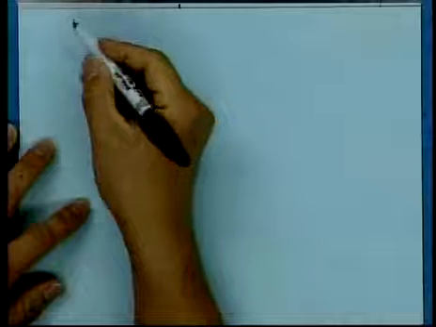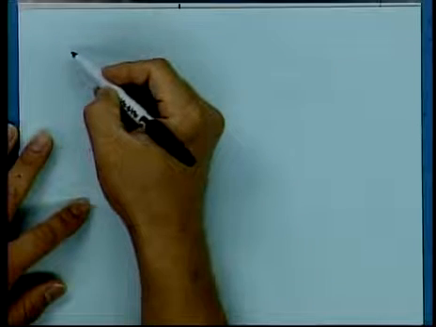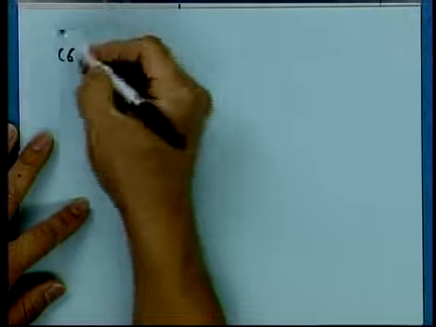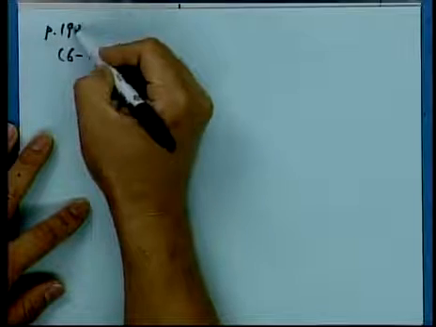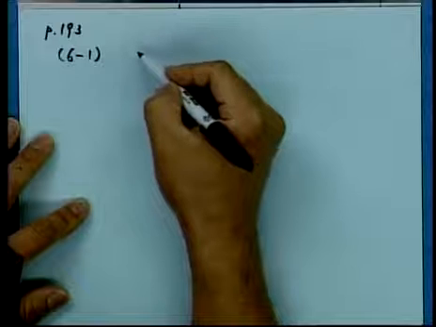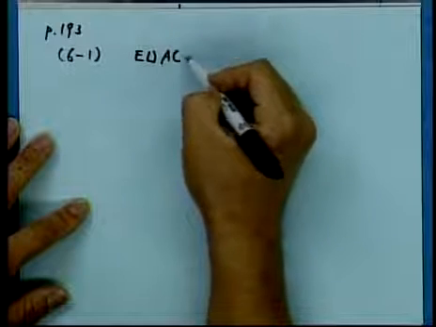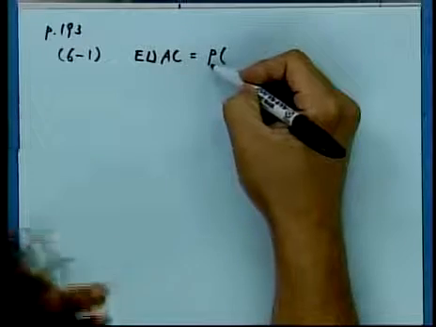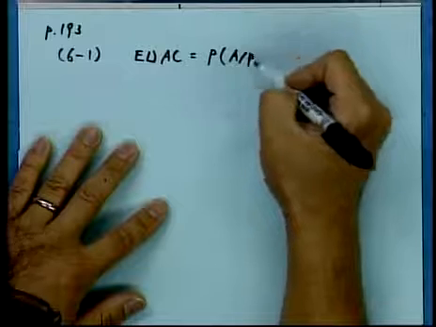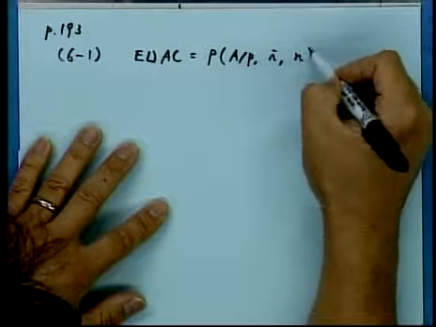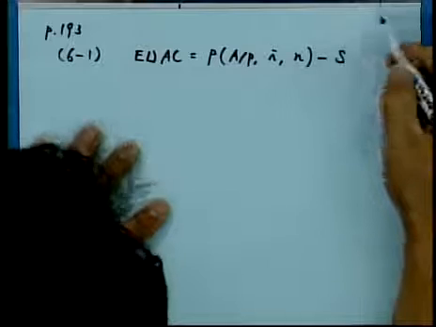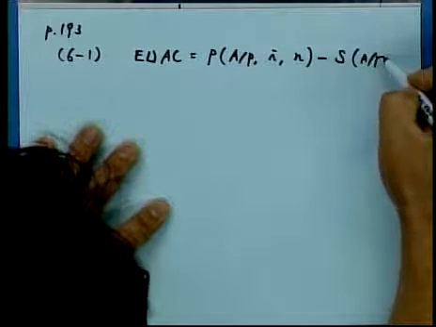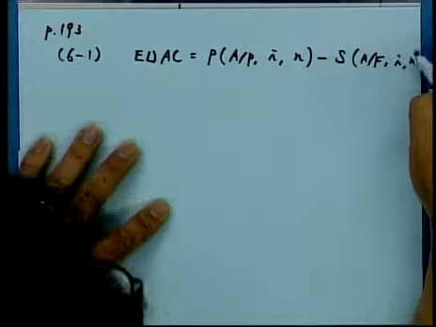So you are going to use either of these three formulas. 6-1 on page 193: equivalent uniform annual cost is P times (A given P, i over n periods) minus S times (A given F, i over n). Okay?